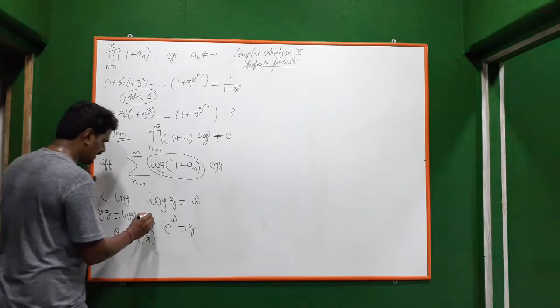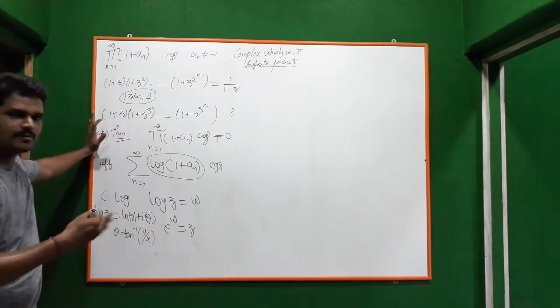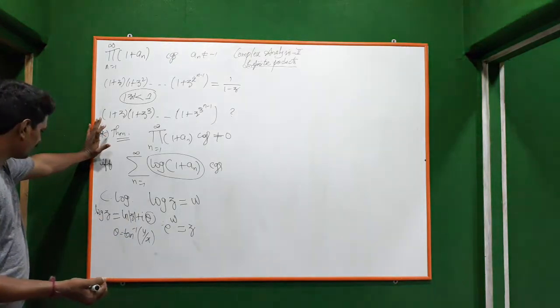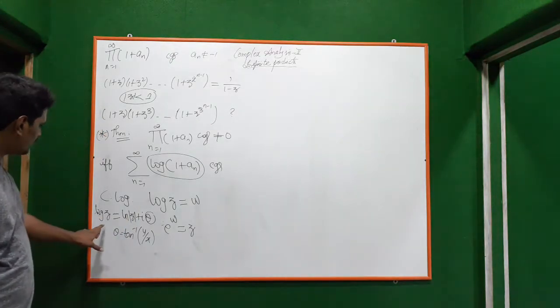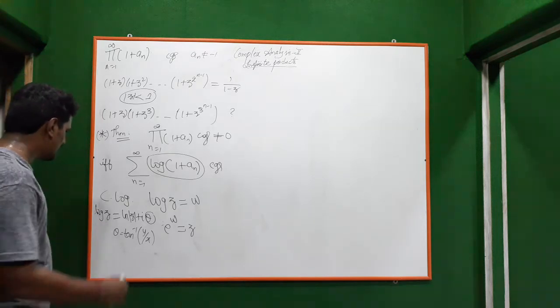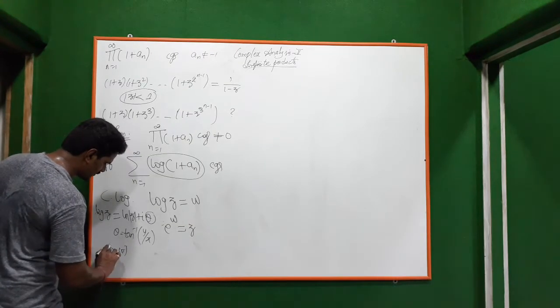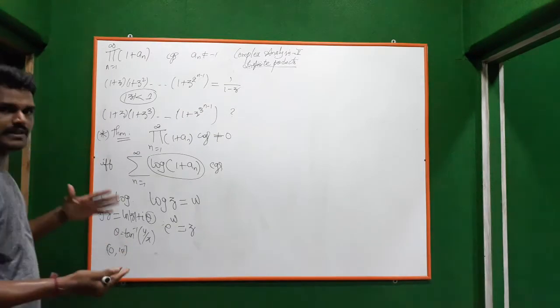But if theta ranges over every 2 pi interval, it will keep on repeating. So there is an infinite number of values for this logarithm of z. To restrict, if you restrict theta to some interval of length 2 pi, then we will get only a single value from this.